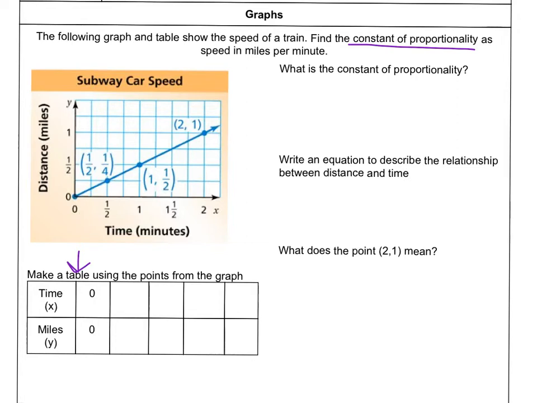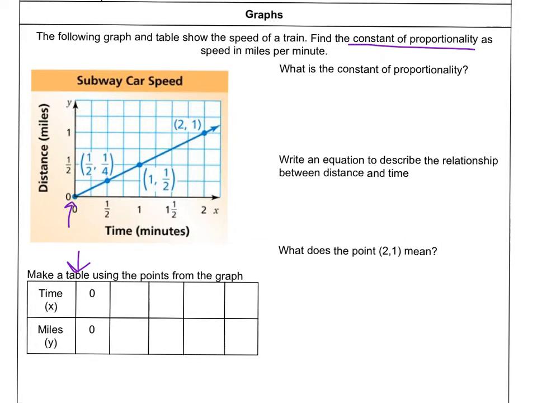But before all that, you can only find the constant of proportionality if they're proportional, so you need to double check that first. What we learned a couple days ago is that if a graph has 0, 0, then it's proportional. I have that, so now I can continue.